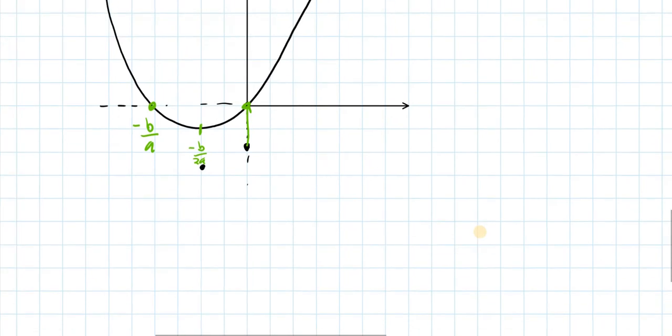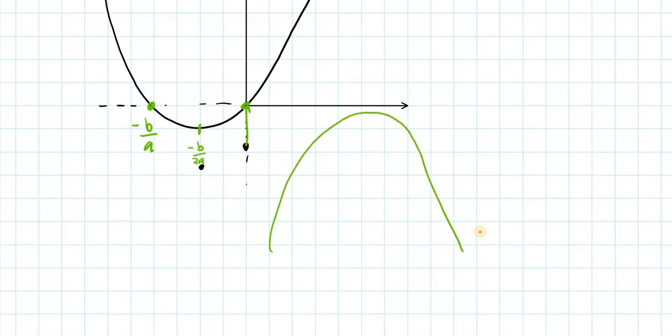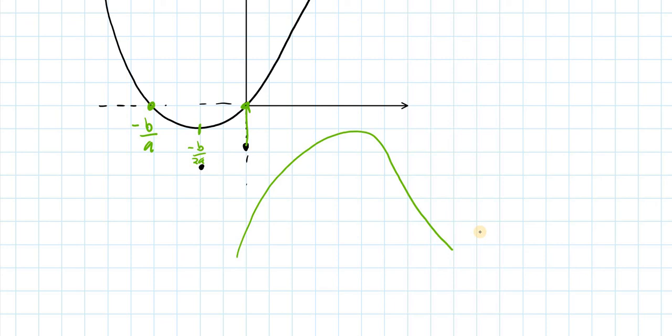This works if the parabola is facing in this direction. It's the same thing. Let me draw that a little bit better so we can look at the intercept. So if I have this one here, then the y-intercept is located here. I'm just going to do the same thing and move that y-intercept here, which will move this point that is on the same horizontal plane.